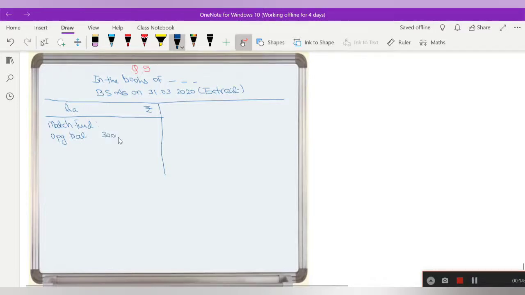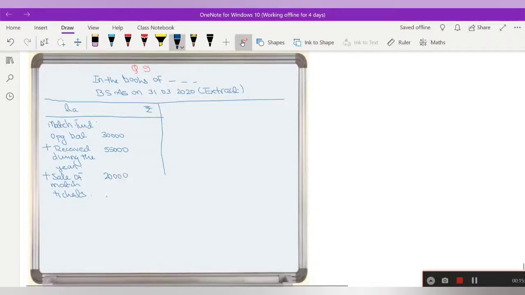That is 1/4/2019, plus donations received during the year. How much is received? 55,000, right? Then plus what? Sale of match tickets. How much? It comes to 20,000.